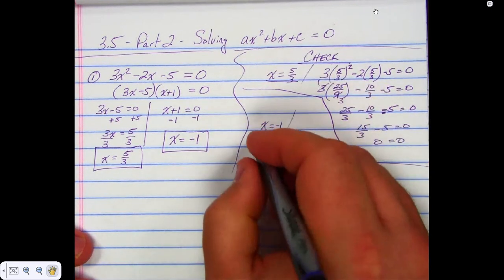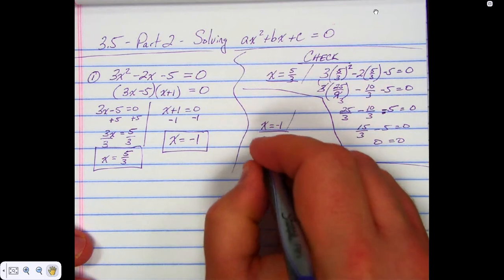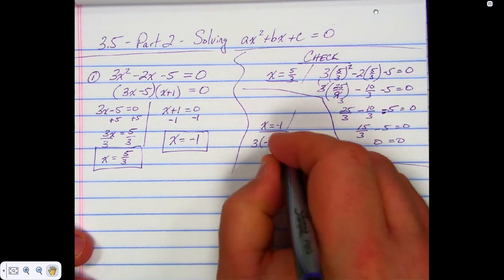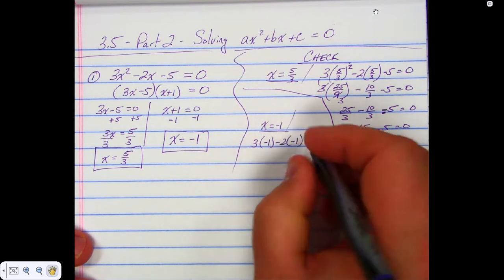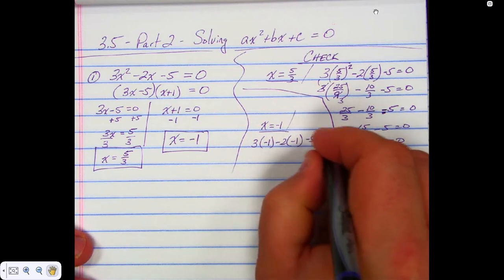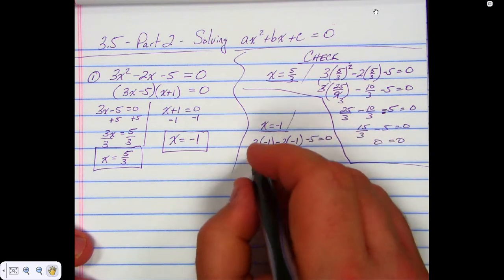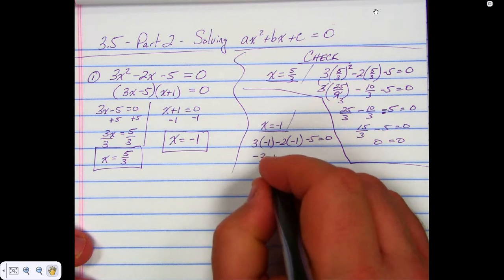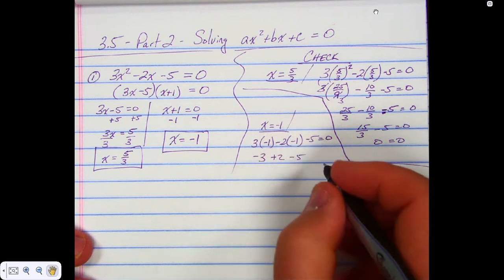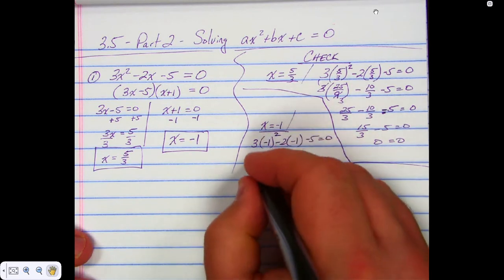Of course, it'll be much easier to put in negative 1. It'll be 3 times negative 1 minus 2 times negative 1 minus 5 is equal to 0. This will be negative 3 plus 2 minus 5. This is squared though, so I messed up.